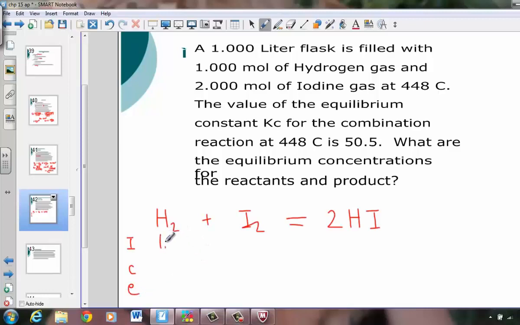We have 1 mole of hydrogen initially being charged with 2 moles of iodine initially. And of course we know that there would be 0 moles of product. Product has not yet been made if the reaction is yet to start. The other interesting piece of information is they're giving us the Kc for this combination reaction, 50.5. Kc is a value that is known, 50.5.